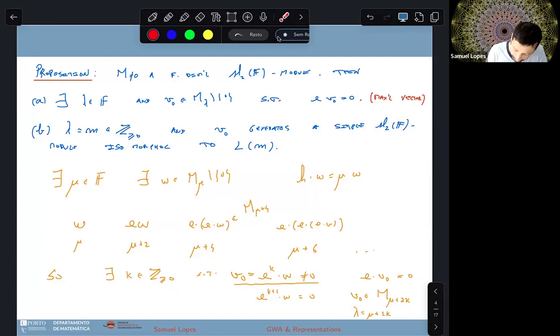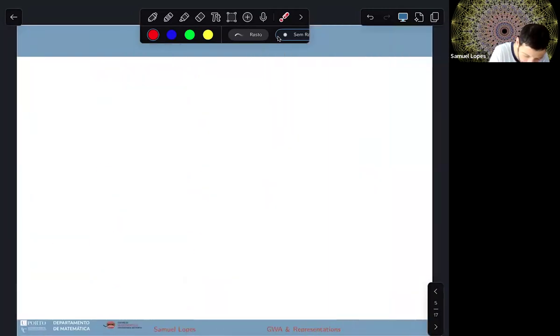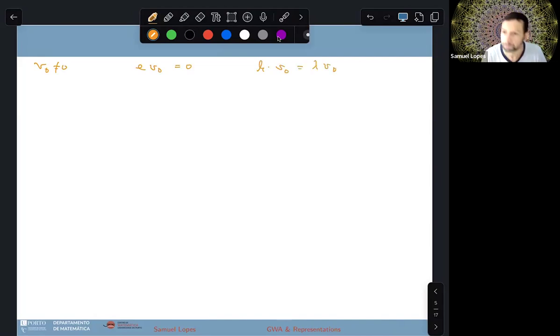let's start with this vector v0. So remember, I have this vector v0 with the property that e times v0 is equal to 0, and h times v0 is equal to lambda times v0.